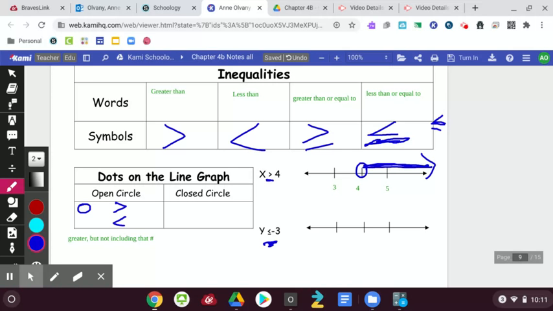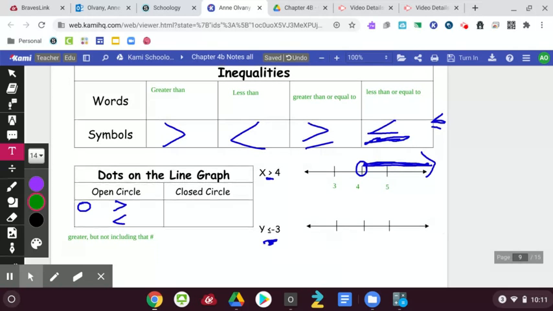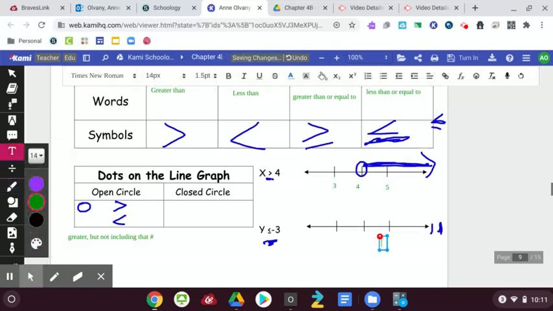Down here is an example of one of those or equal to's. This is y is less than or equal to -3. So we have to number our number line to have -3. So, if I'm thinking that zero is down here, then we go 0, -1, -2, -3. I always put the number that's part of the problem in the middle, -4.